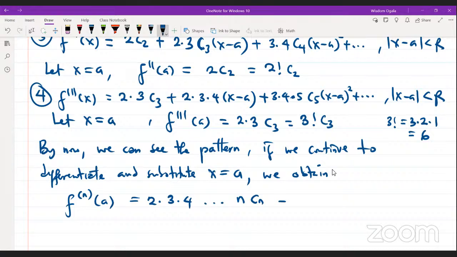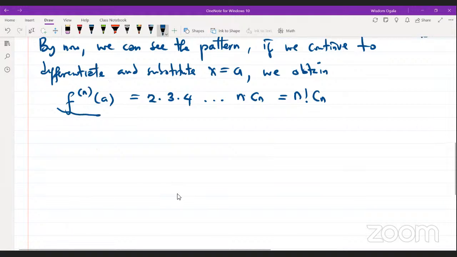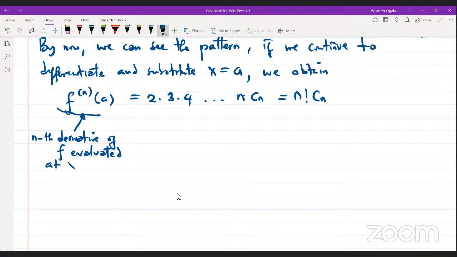And I can write this in terms of factorial. This is n factorial Cn. Now, the left-hand side is the nth derivative of f, evaluated at a.